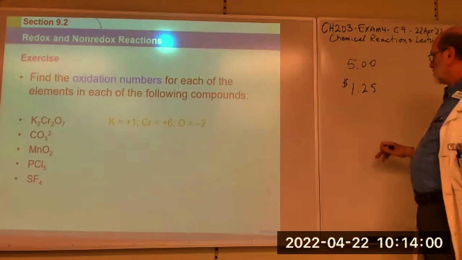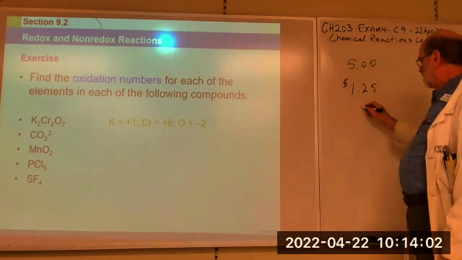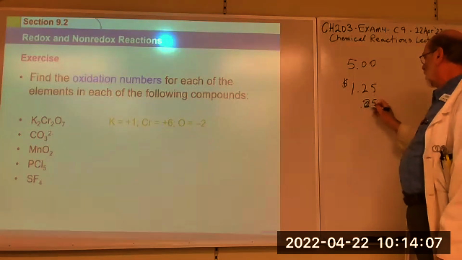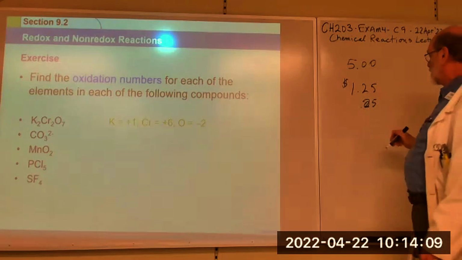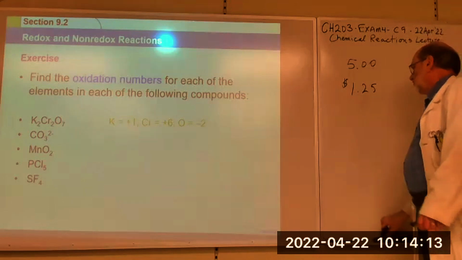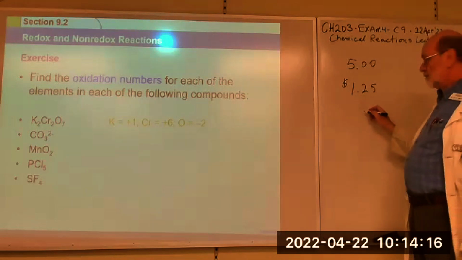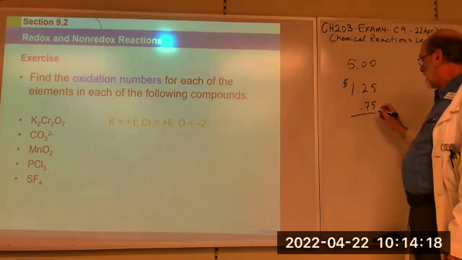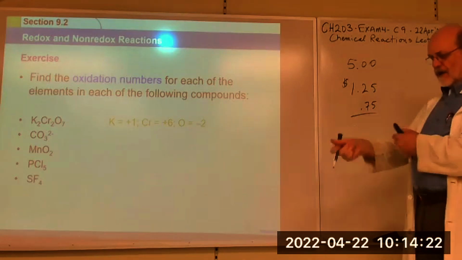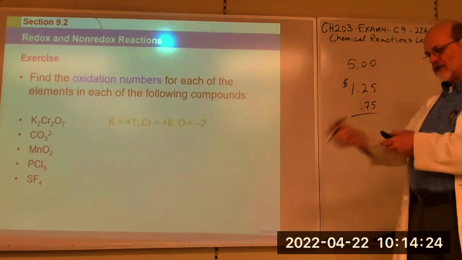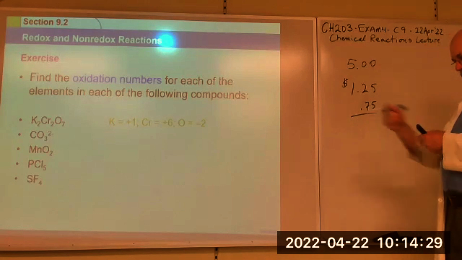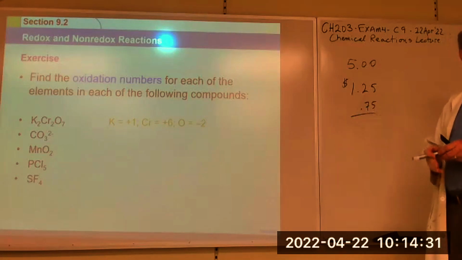Say $1.25, a nickel, and then a quarter. Let's make it 3 quarters. So you start counting it back. Say $1.25, $1.50, $1.75, $2. Then you reach in there and grab the dollars out. $3, $4, and $5. And you're done.